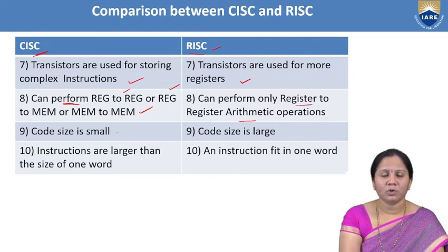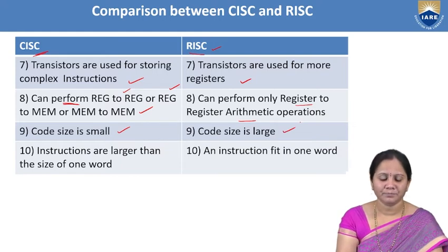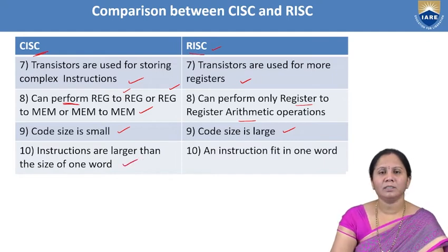In CISC, code size is small. Why? Because we are using fewer instructions. In RISC, code size is large because the instructions are simple. The last one: in CISC, instructions may be larger than the size of one word.